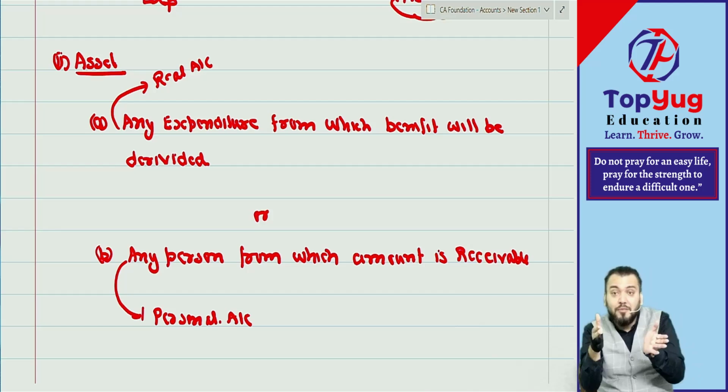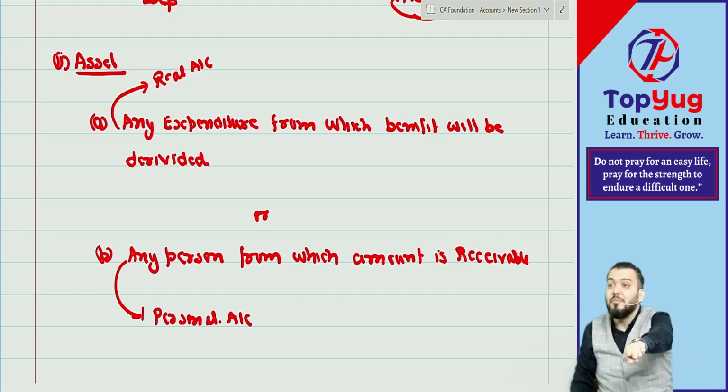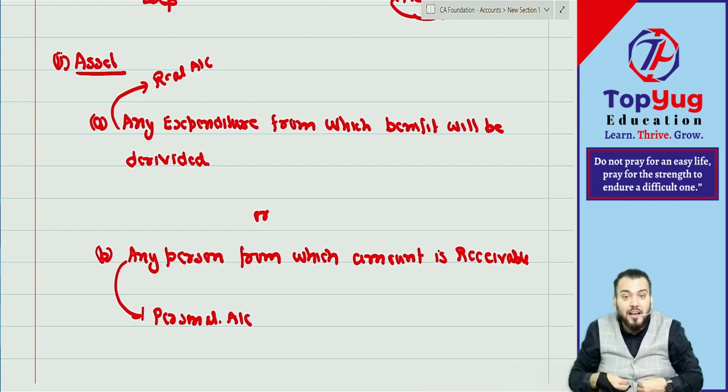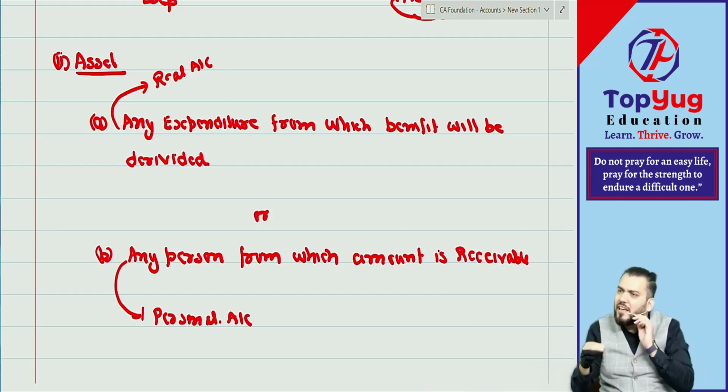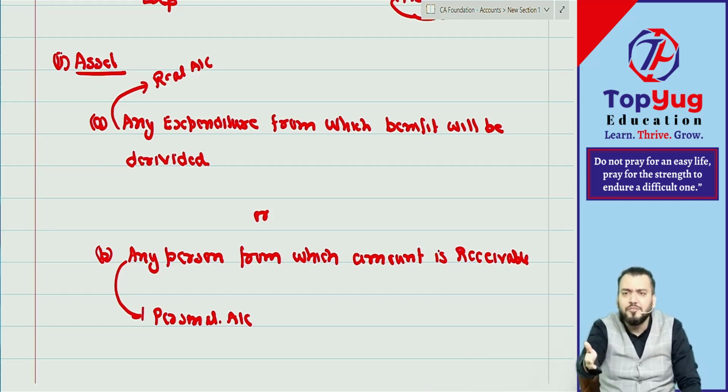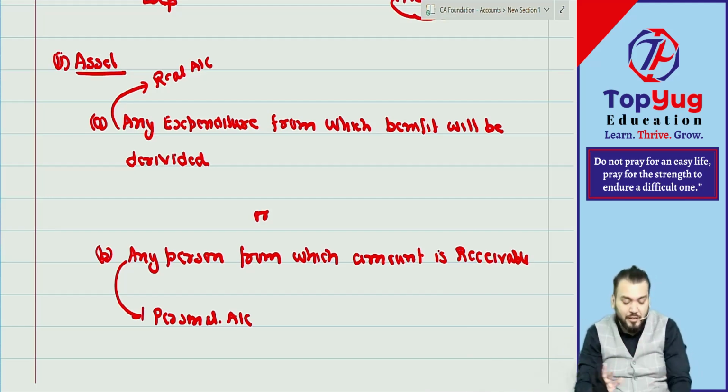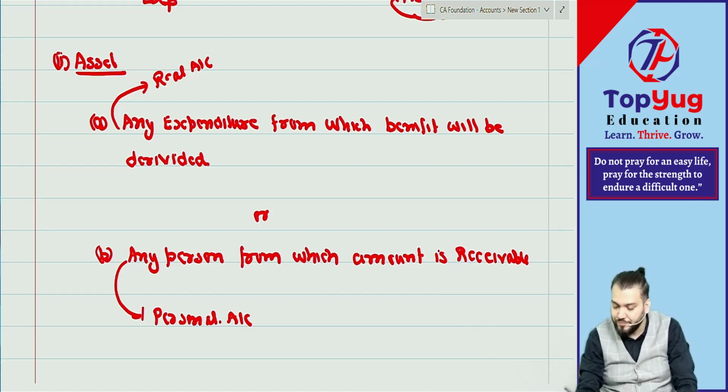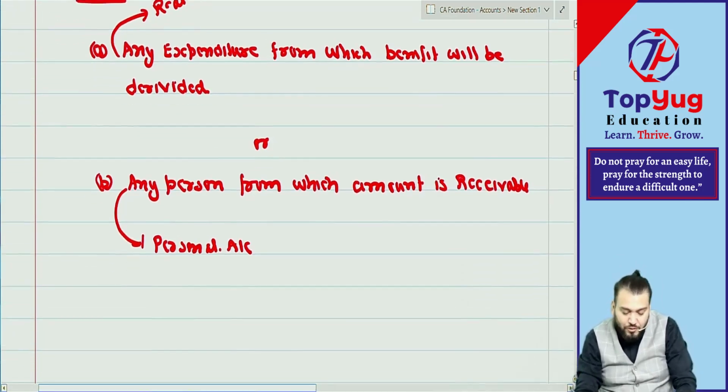So whenever we write down a bank account, the bank balance is a personal account, an amount receivable from the bank, and that is my asset. It can be a bank or any individual. I think asset also you have understood.